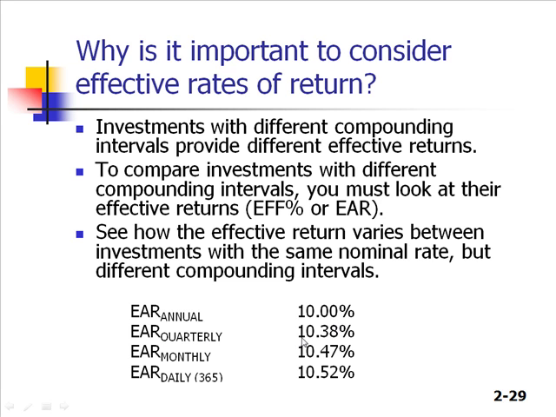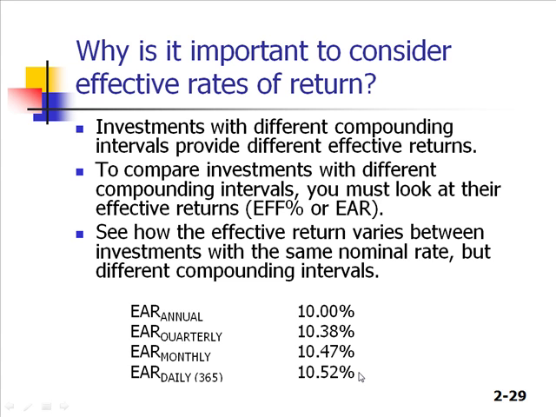Quarterly compounding would give us 10.38%. Monthly compounding would give us 10.47%. Daily compounding would give us 10.52%. So you can see that there is an increase in the effective annual rate as you go to more and more frequent compounding. And also, the higher the nominal rate, the more a difference the compounding frequency actually makes.